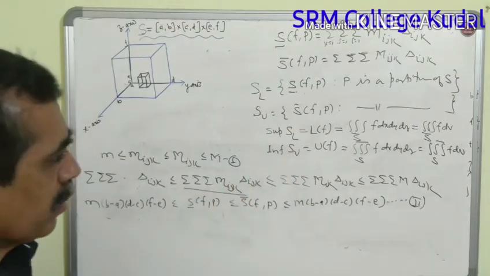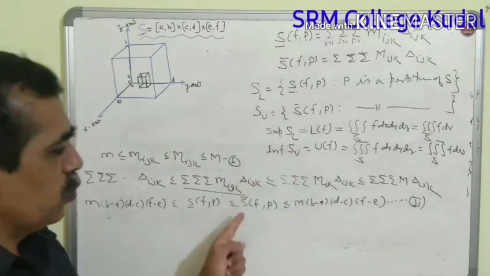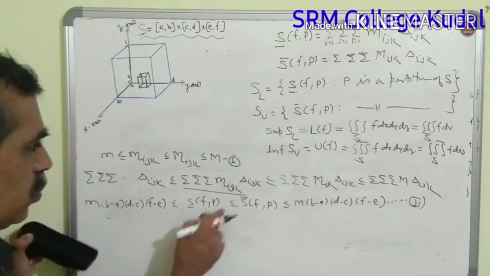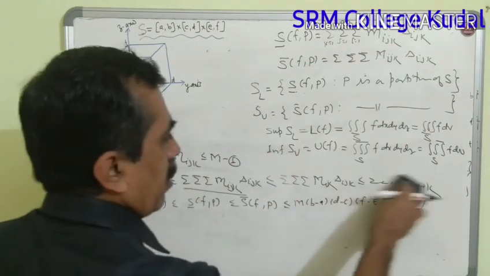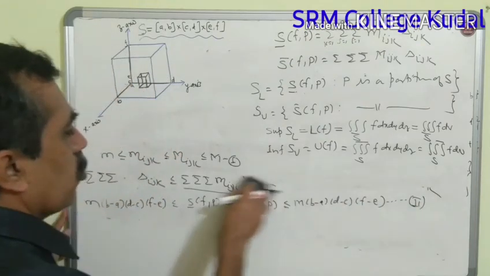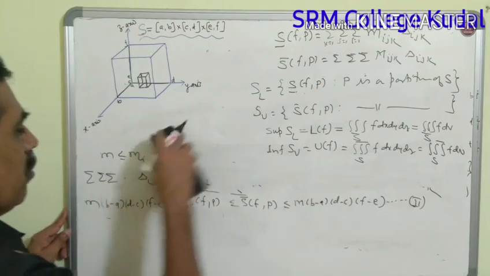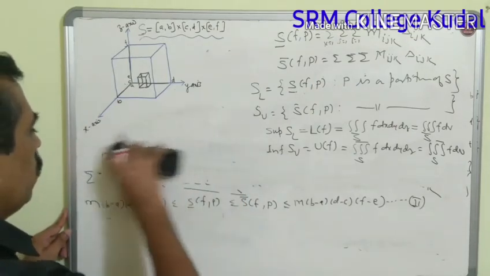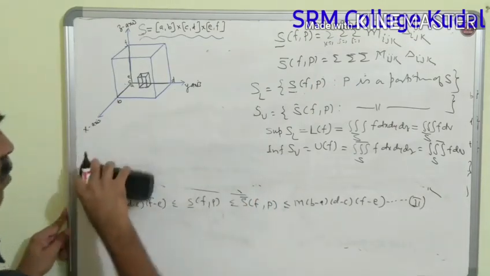Okay, therefore from inequality 2, with respect to this definition of lower integral and upper integral, what does this imply?